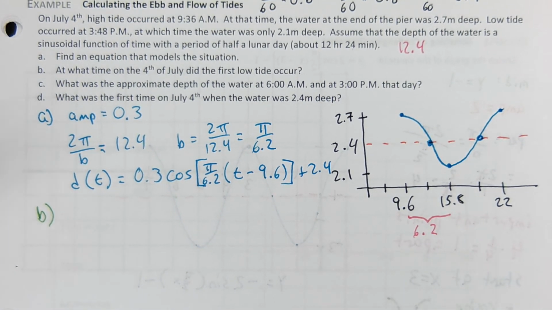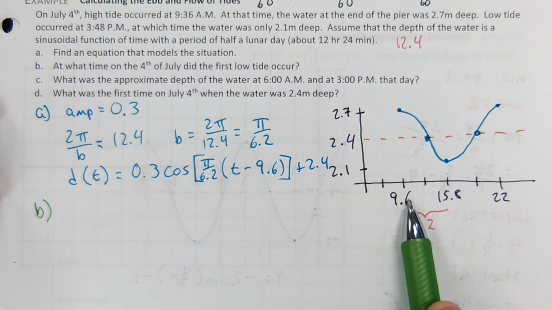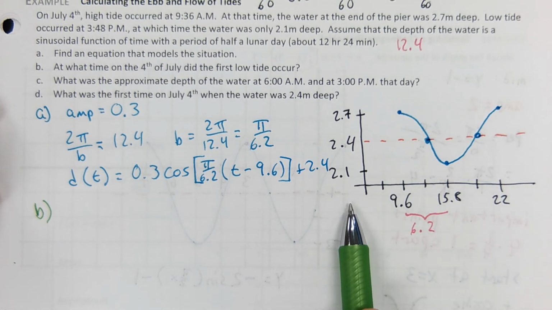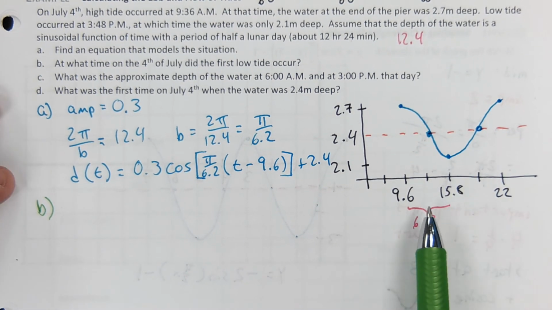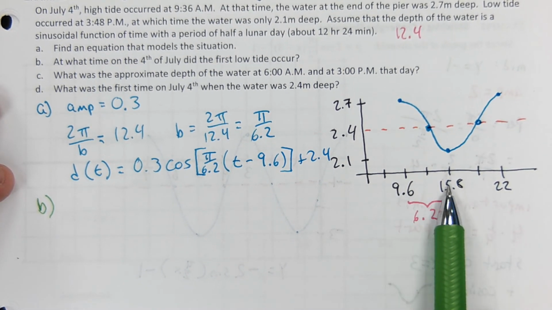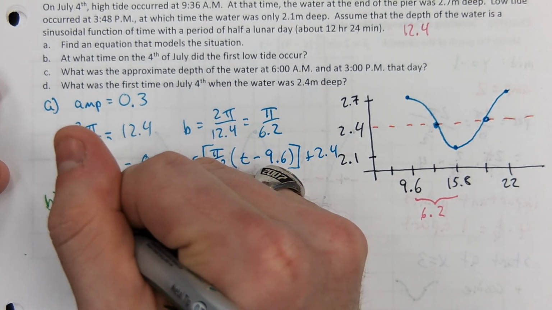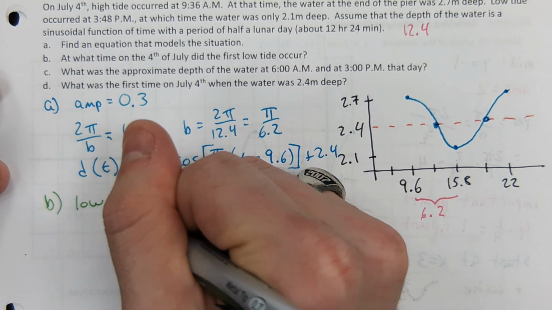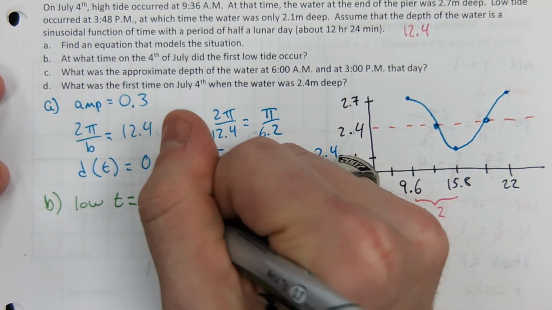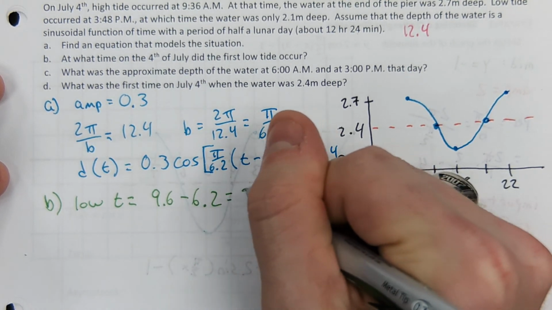And then I think he said 6.2 less than 9.6. Either way, it's the same answer. So we're just going to do 9.6 minus 6.2 to get down to over here, because we know the distance between minimum and maximum is 6.2. So if we just go 6.2 to the left, we can say low time is 9.6 minus 6.2, which is 3.4.